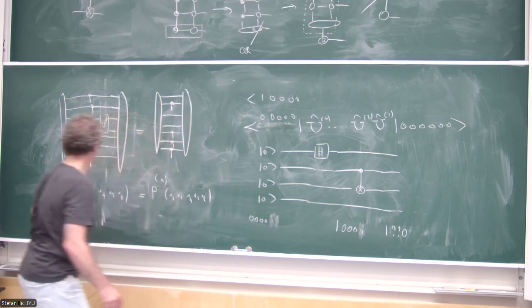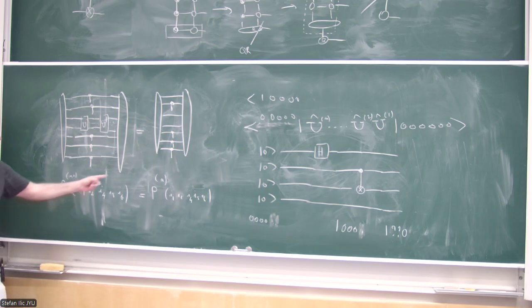This is what I proved here. So if I have a sample of this, it's also a sample of that. I only need to sample 3 and 4 correctly. But I only need 4 amplitudes. So it's 4 times the number of gates.